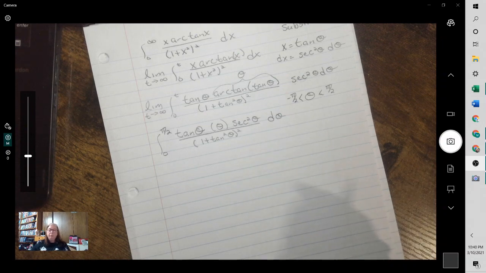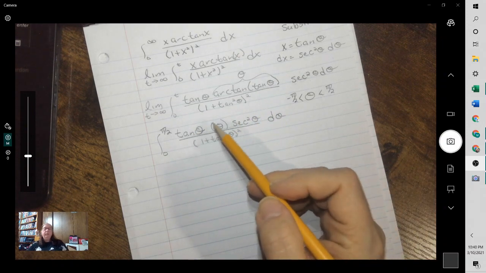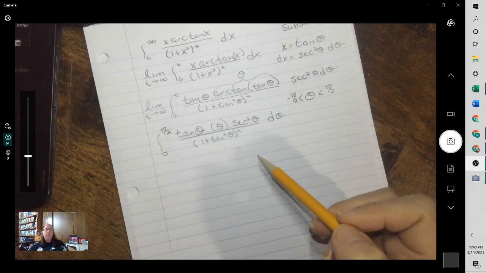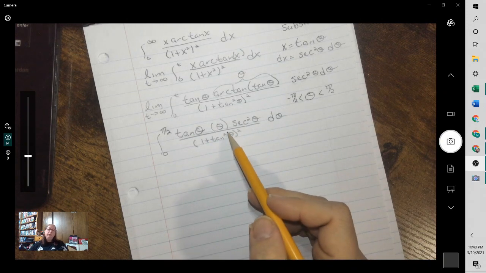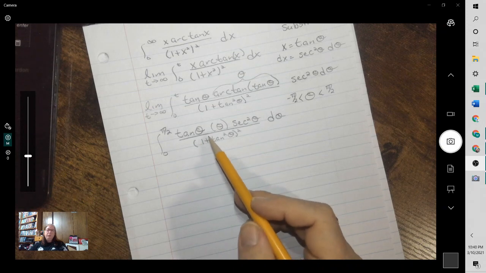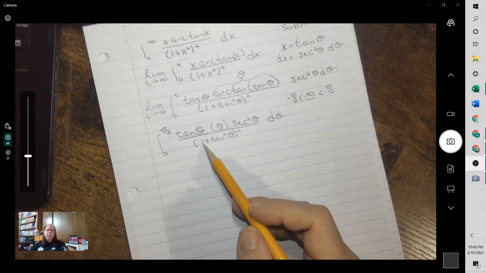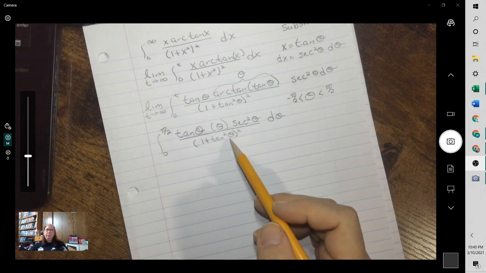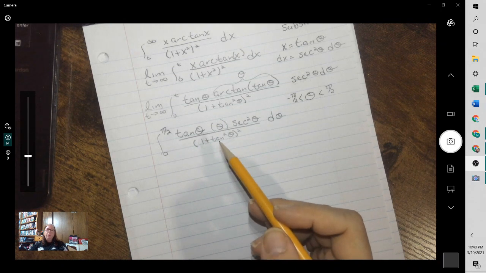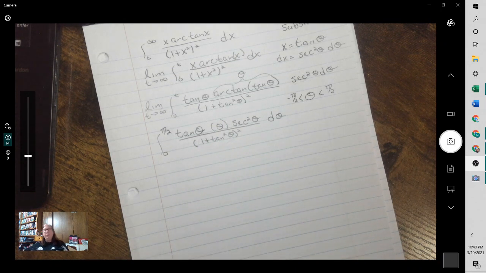What could we do? We could rewrite sines and cosines and try and reduce, but before we do that, it'd be better to get rid of this 1 plus tangent squared. What's 1 plus tangent squared? Anyone remember? You should remember because it's one of your Pythagorean identities.